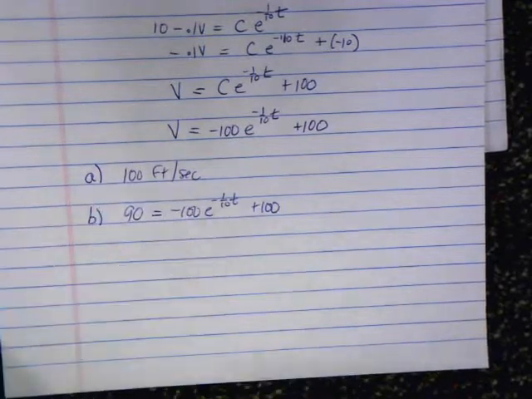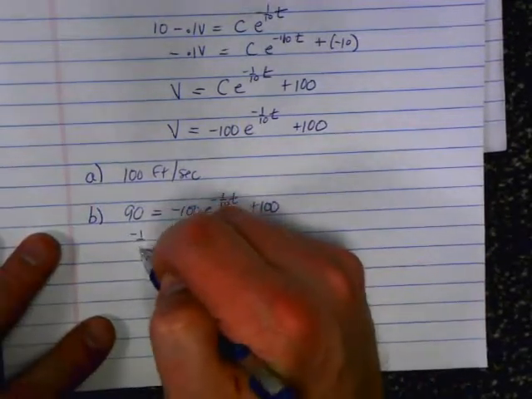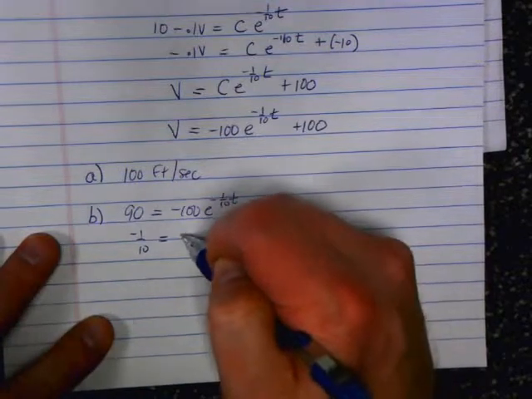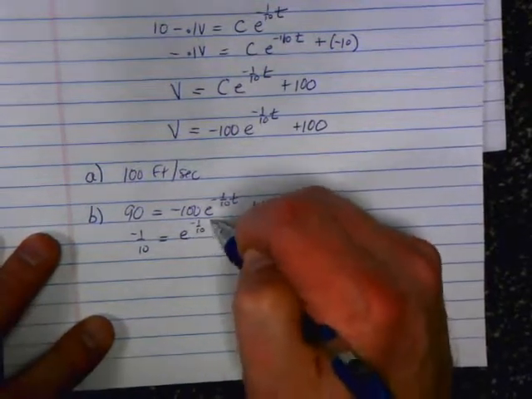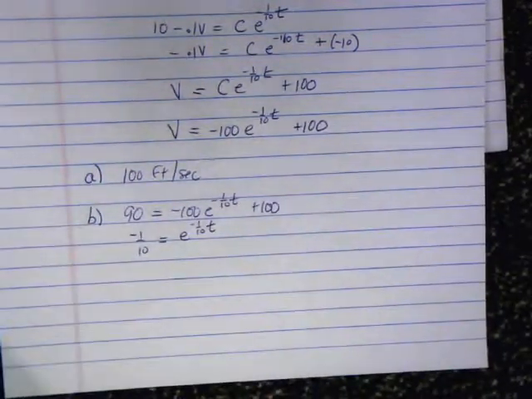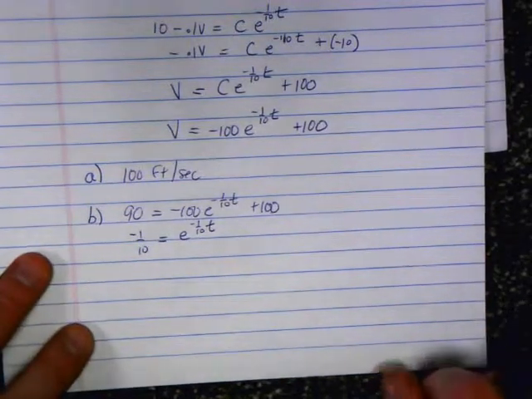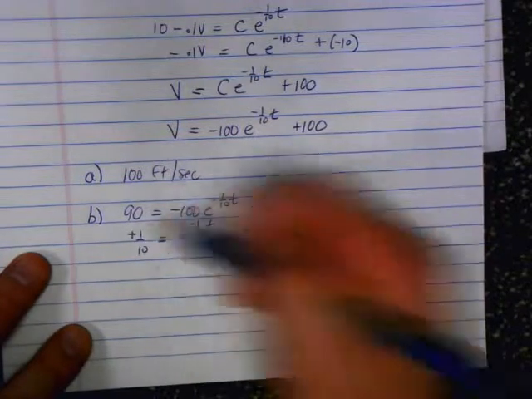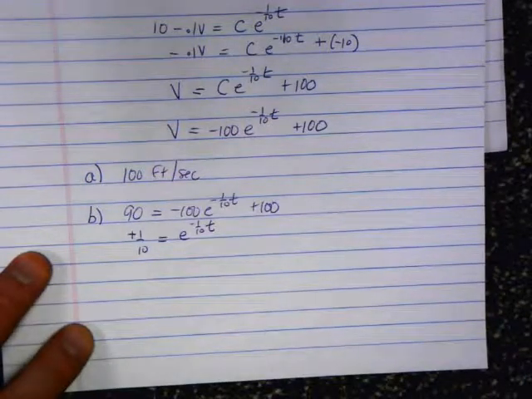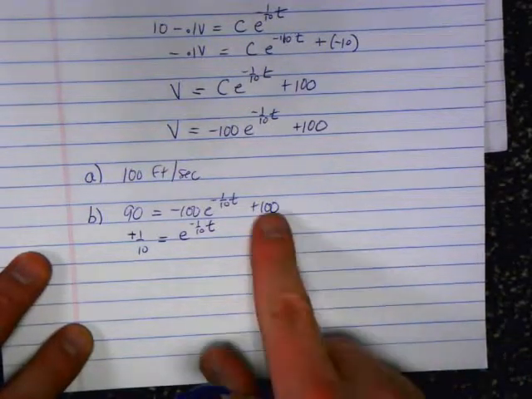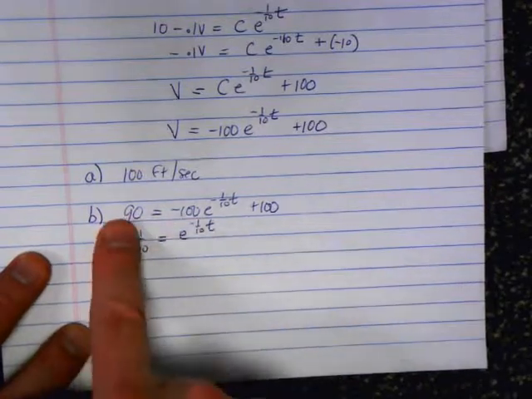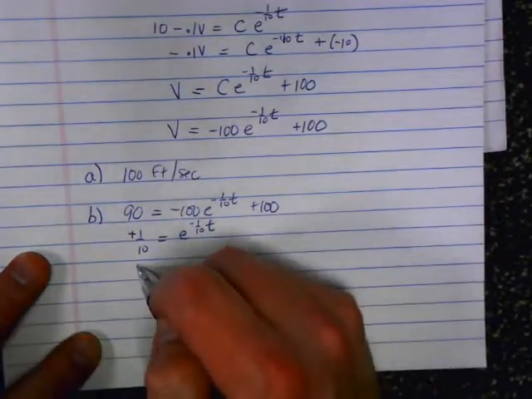Divide by negative 100, we get 1/10. That number shows up again, a common little number in this problem. So 1/10 equals e to the negative 1/10 t. Oops, that's positive 1/10, because we can't take a natural log of a negative number. Right, because we subtract, we get negative 10, then we divide by negative 100, that's positive 1/10.